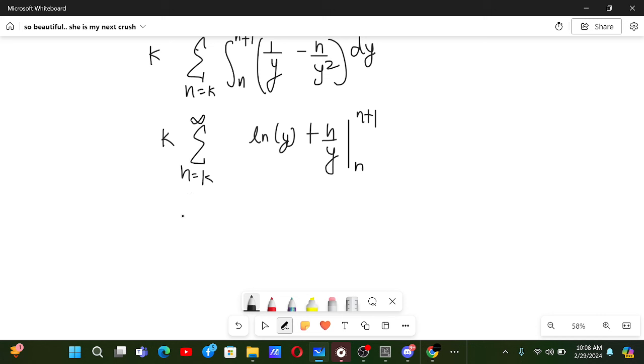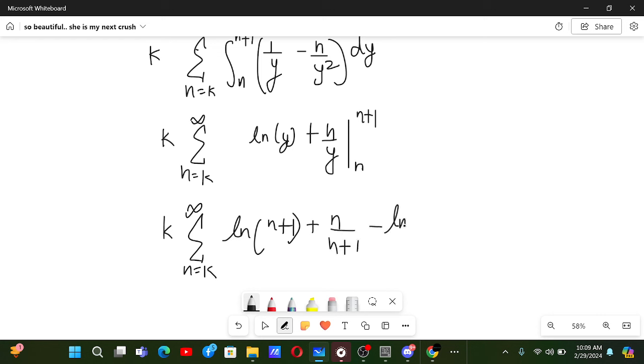So k times the sum going from n equals k to infinity of ln of n plus 1, plus n by n plus 1, minus ln of n minus 1.